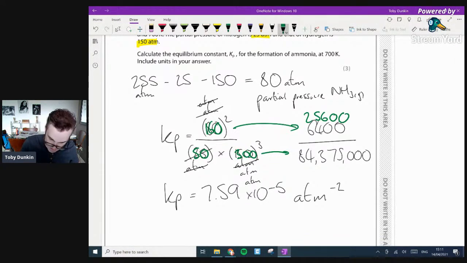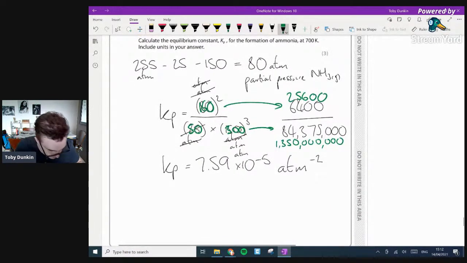Look what happens to the bottom number. 50 multiplied by brackets 300 cubed. Oh my goodness, that bottom number is massive. 25,600 divided by answer. And all of a sudden you realize that the Kp has dropped.